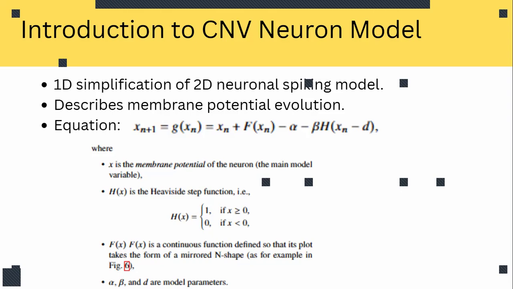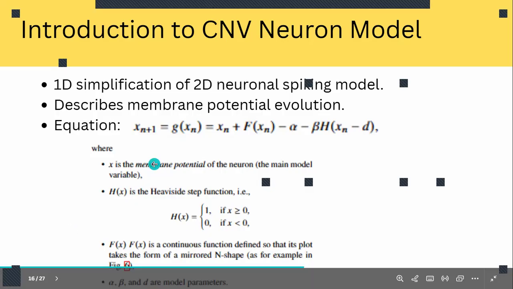Coming to the introduction of the CNV neuron model, now we apply both tests to a biologically inspired model, the CNV neuron model. It's a 1D reduction of a 2D discrete system describing membrane potential dynamics.